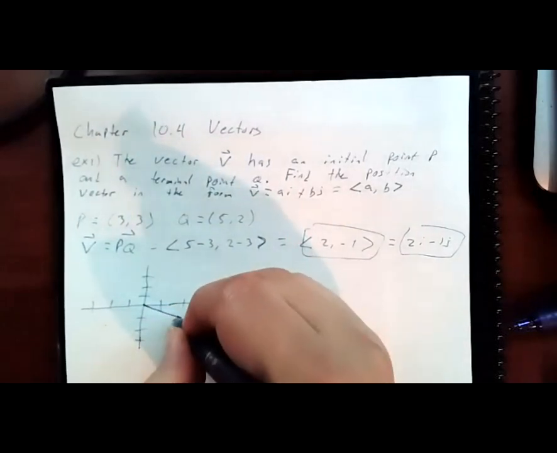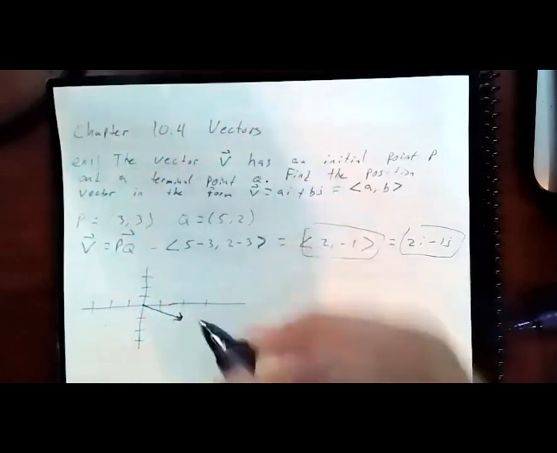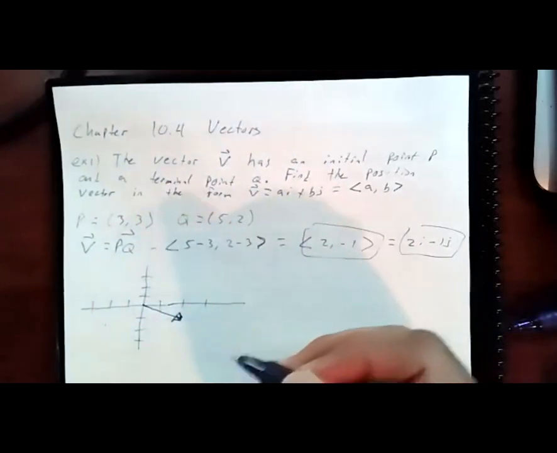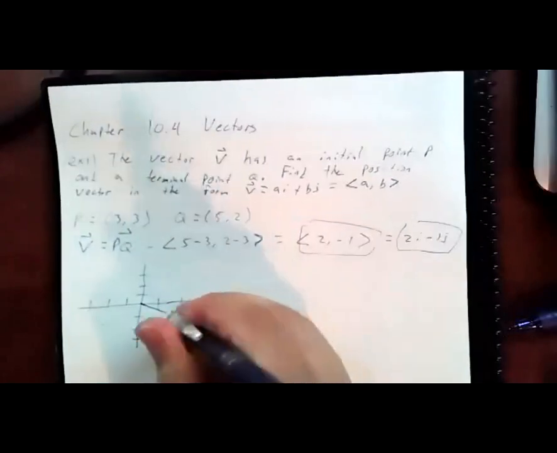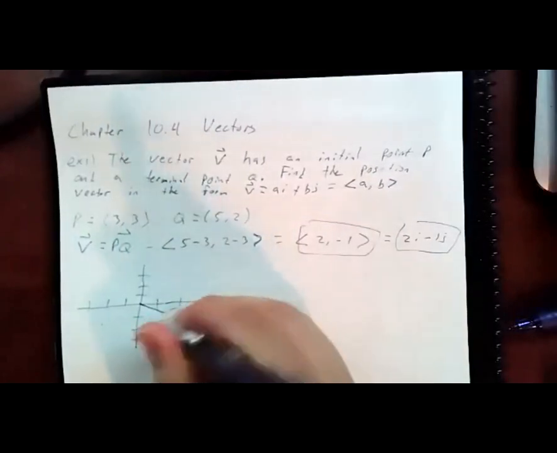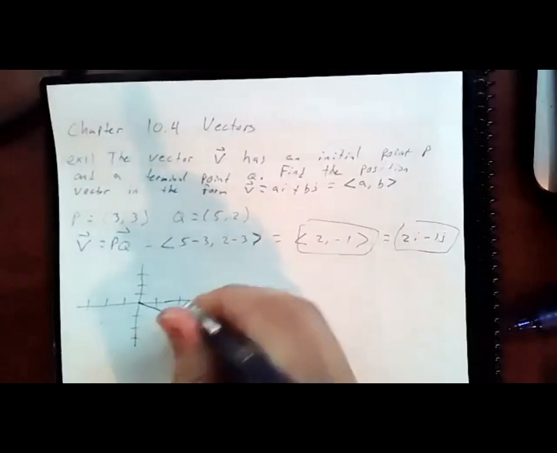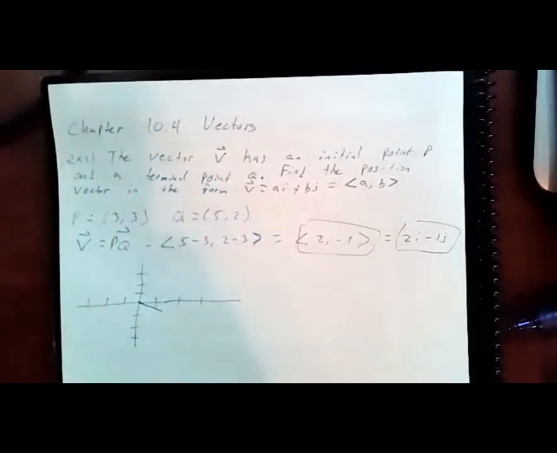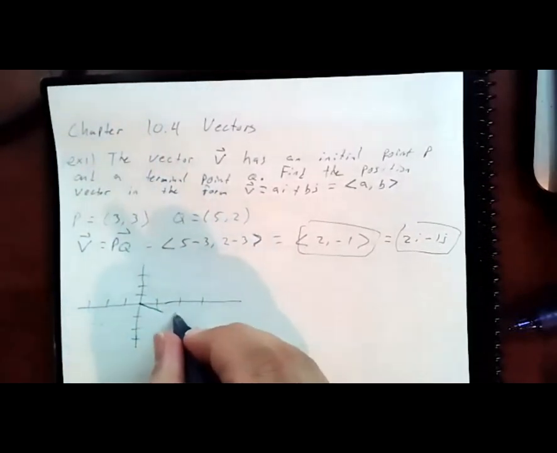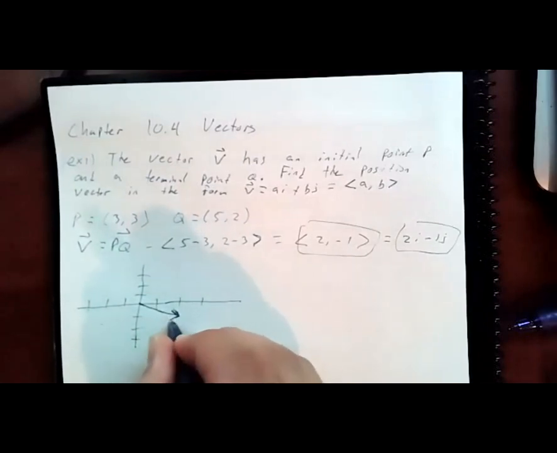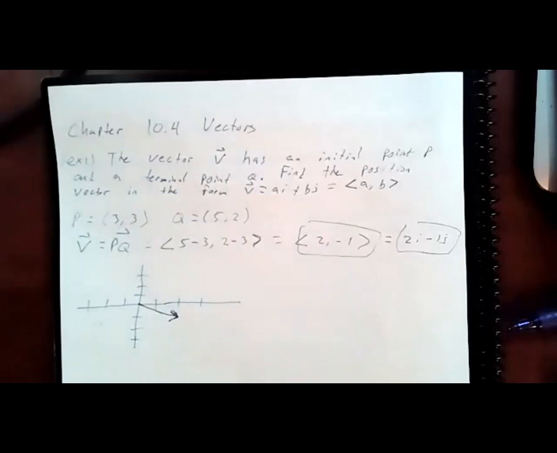So you draw an arrow here, and this arrow represents, this is a poor arrow. Fix that. There we go. So this vector or this arrow has, what's the word? Magnitude and direction.